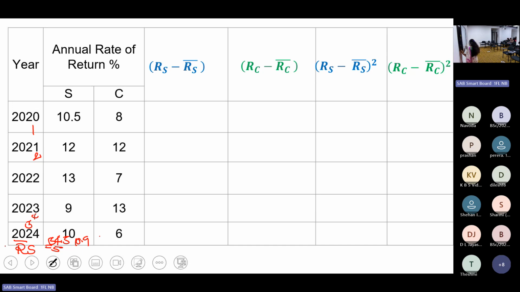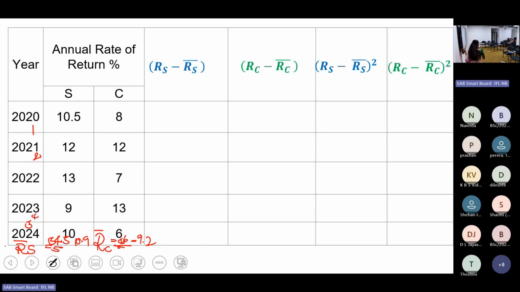The other one, R bar for C, equals the total of the returns for C divided by the number of years. The total is 46. 46 divided by 5 is 9.2.